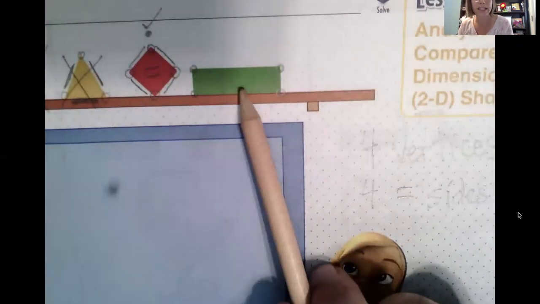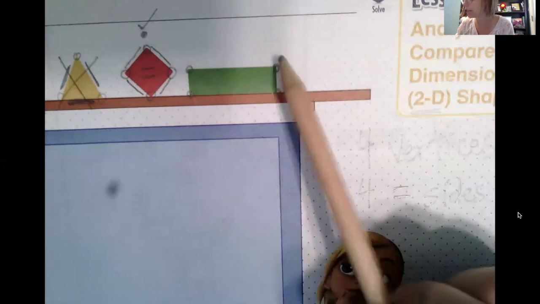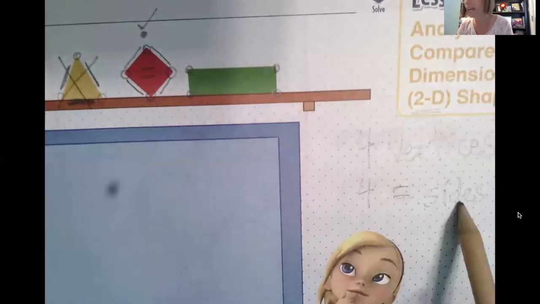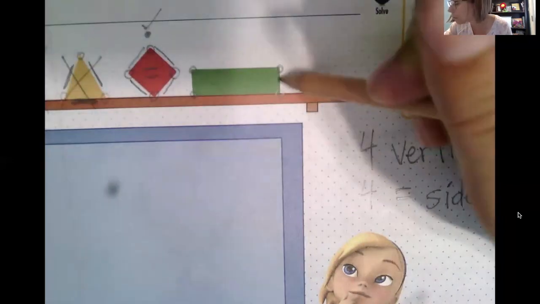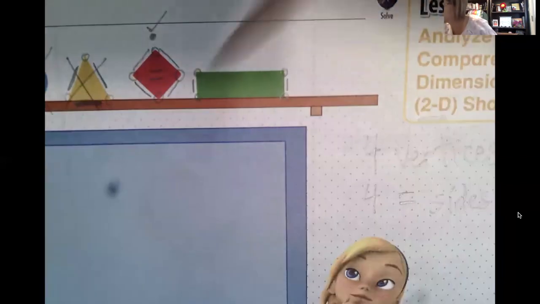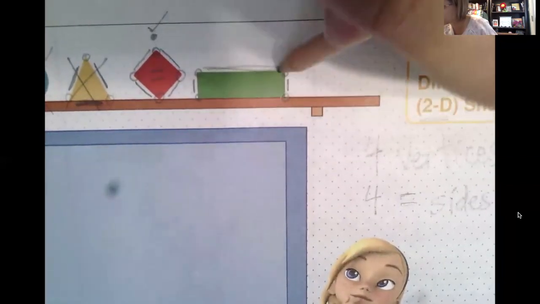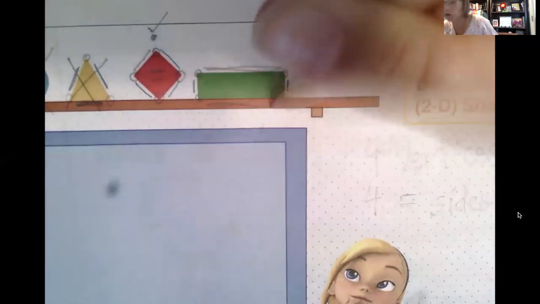Can it be the rectangle? Does it have 4 vertices? 1, 2, 3, 4. Yes, it does. Does it have 4 sides? 1, 2, 3, 4.